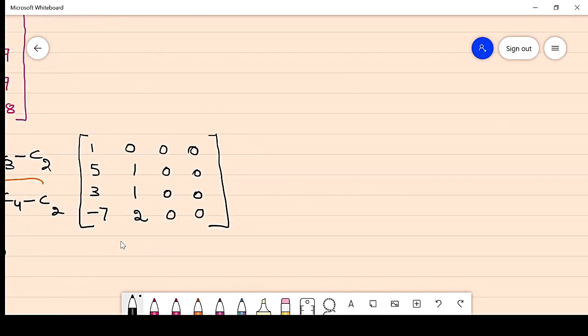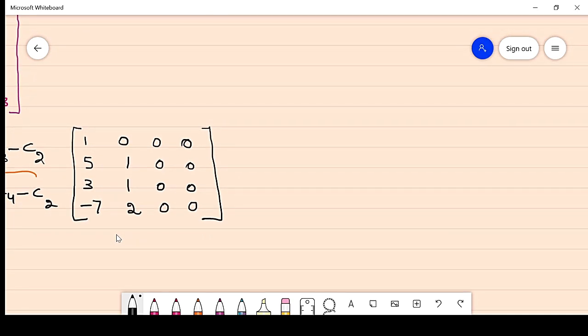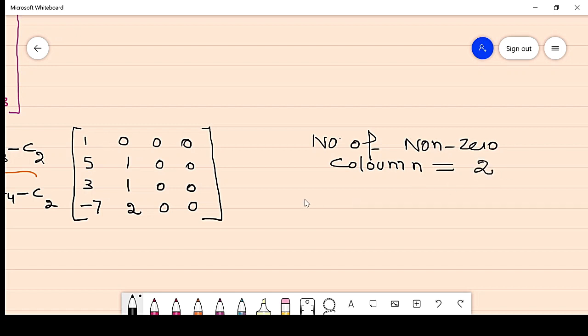Now see that the matrix is converted into column echelon form. In column echelon form, we find the number of non-zero columns, which is equal to 2. It means the column rank of this matrix is equal to 2.